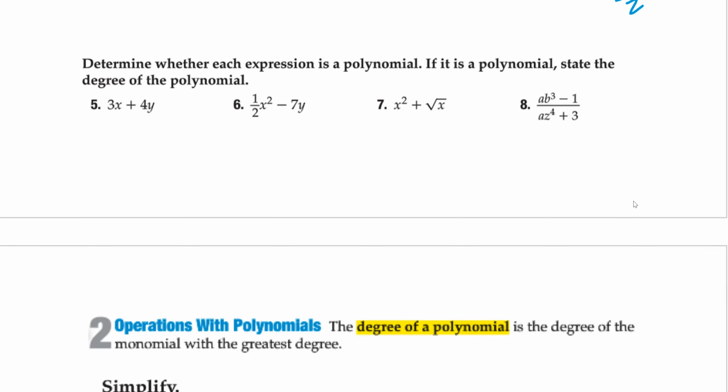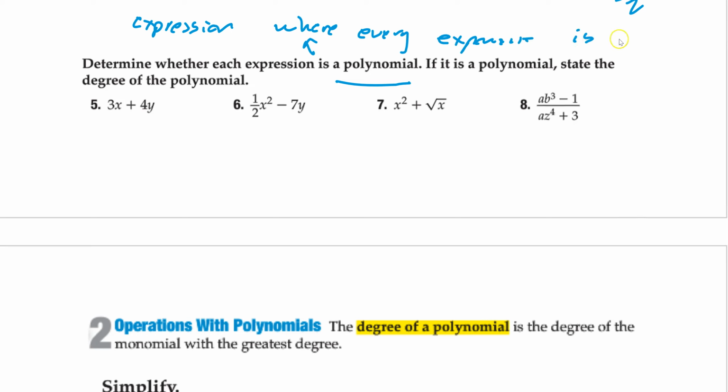Let's talk a little bit more about what a polynomial is. A polynomial is an expression where every exponent is a whole number.